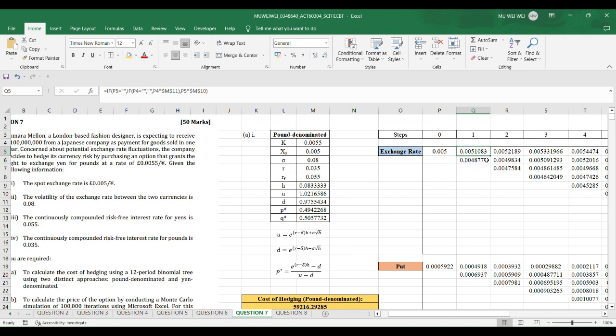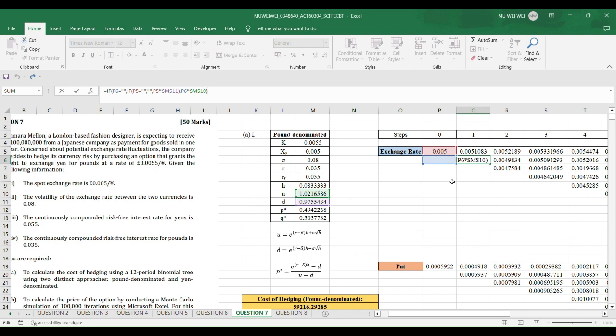So we get the up node is 0.0051083. The formula is the same for the down node, but in this case, since the cell in front of it is an empty cell, it will look at the cell above it. So this cell has a value. So according to this formula, it will times the value in this cell with D. So this will be the down node for this cell right here.